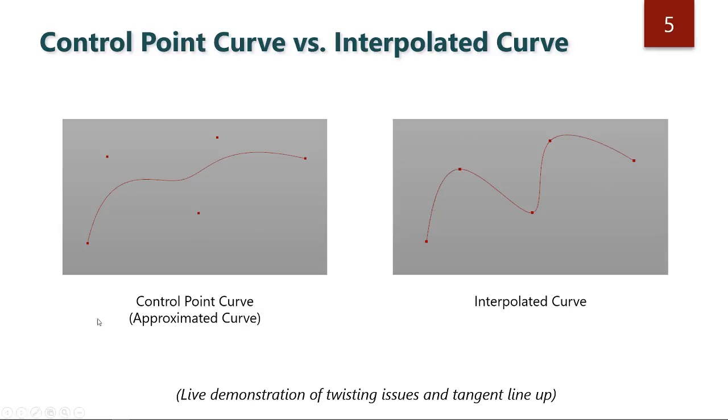All right, now the other kind of curve is called the approximate curve. That's the real name in common graphics, but in the Rhino user interface they call it a control point curve. This curve is created by us specifying a bunch of control points, and then Rhino will create a curve that is only guaranteed to pass through the first and the last control points, and is influenced by the other control points, but usually does not pass through them.